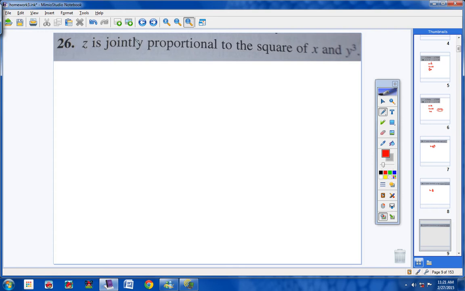Z is jointly proportional. Now, whenever you see jointly proportional, it means that you have direct variation. However, you have direct variation with more than one variable. So in this case, Z has direct variation with 2 variables, x and y, the square of x and the cube of y. So let's go over that again.